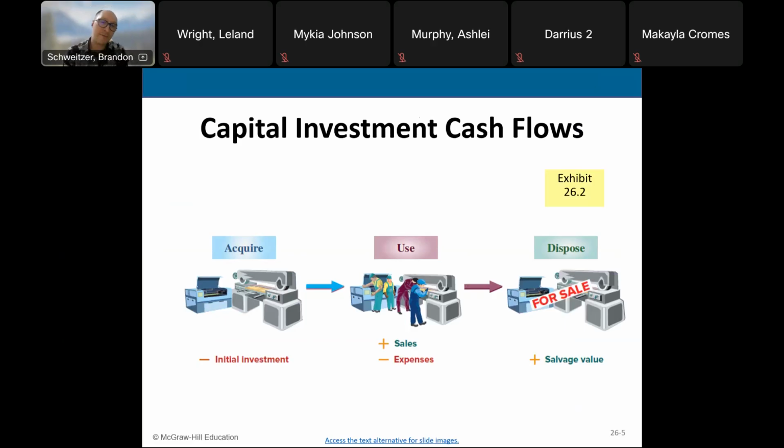But I still have cash going out for that equipment every single year. Why? It costs money to run it. Electricity, for example, repairs and maintenance, ongoing maintenance for the machinery. These are all related expenses to the piece of machinery, right? Cost money to run it.